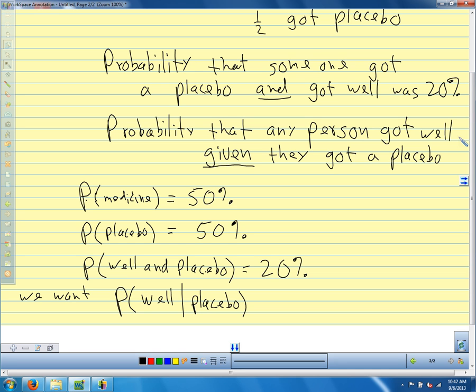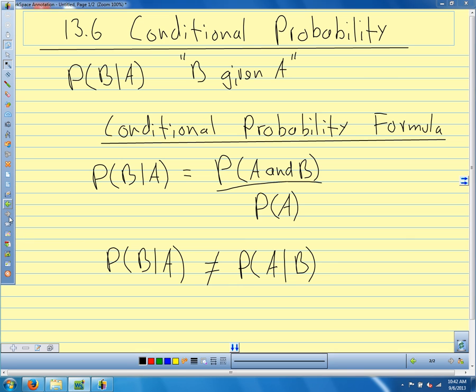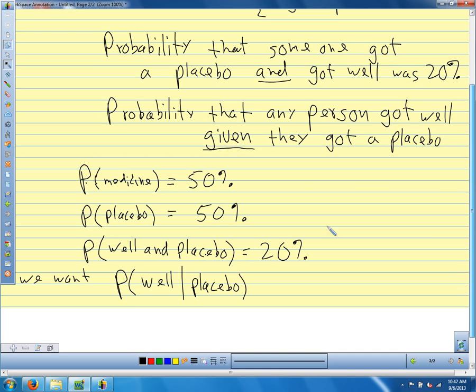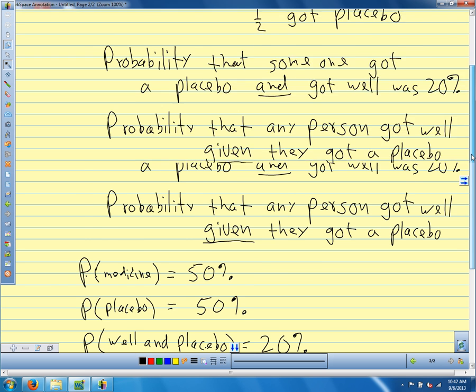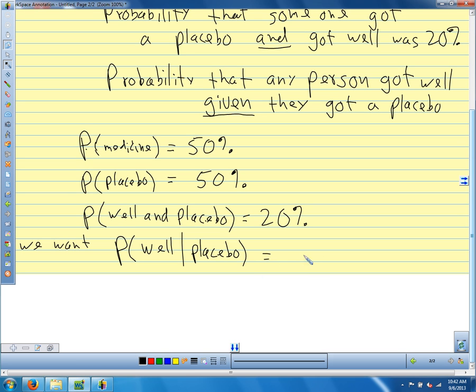So let's look back at our formula. This says the probability of B given A is the probability of A and B divided by the probability of A. So for our example, our given is that they got the placebo. So we're going to be dividing by the probability of the given. So let's write the bottom here.